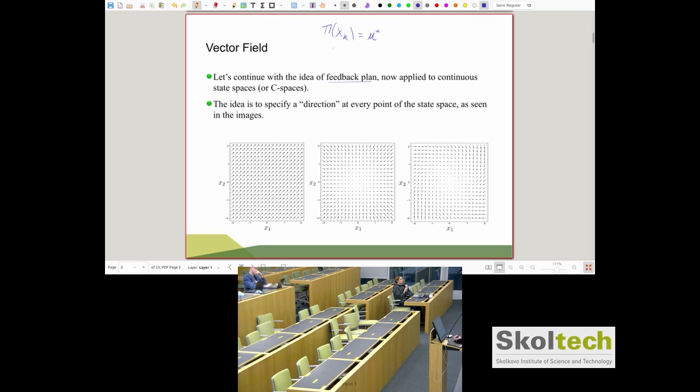Now what we have here is a discrete state, but what if, instead of this being a discrete element of a set, we say that it could be a continuous element? For instance, with a robot arm, it's not discrete.